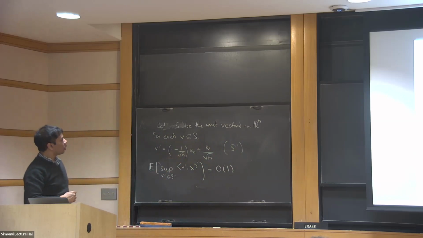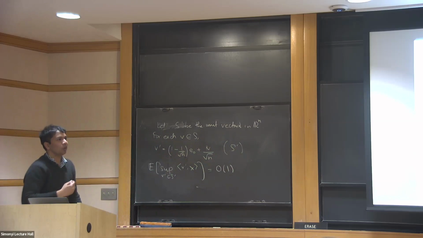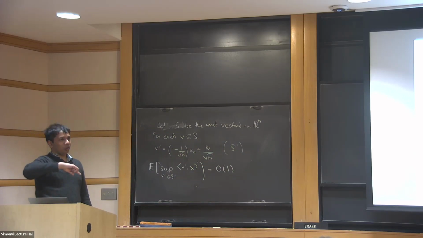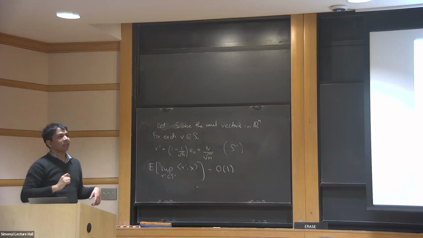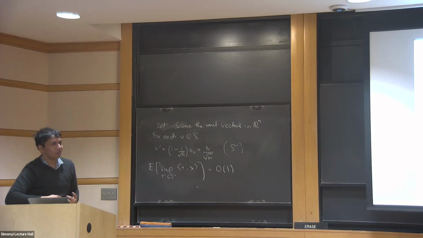But what you can show is that if you wanted to approximate this Gaussian process with error epsilon, which is smaller than 1 over root n, you would require at least 2 to the root n vectors. Because n is free for us to choose, this would give a 2 to the 1 over epsilon lower bound.